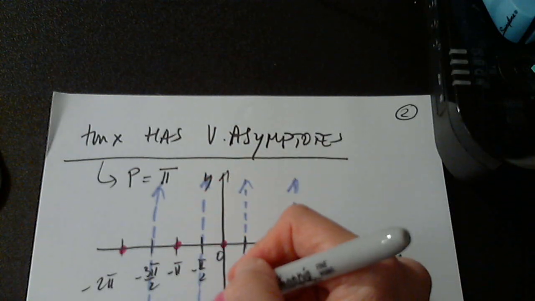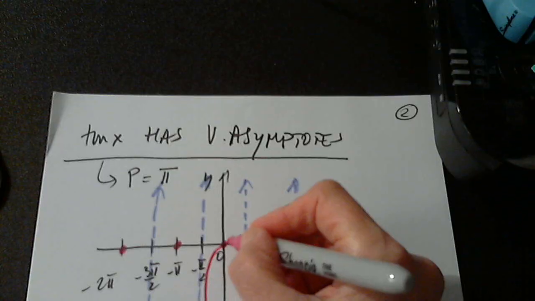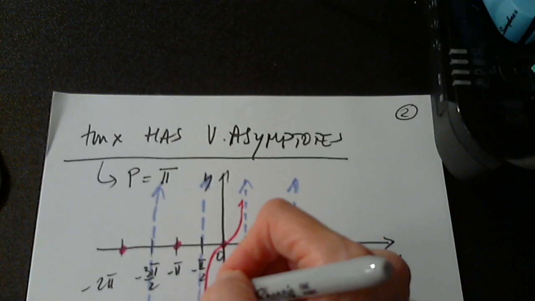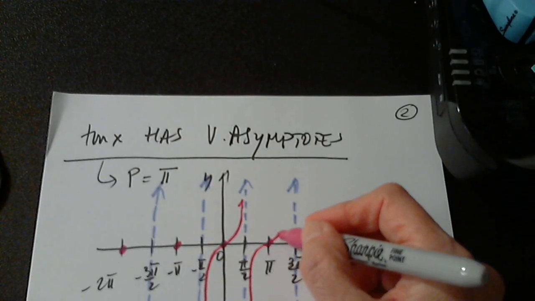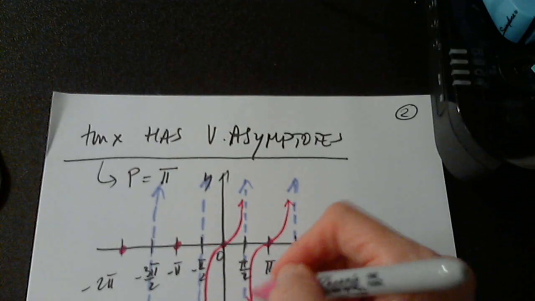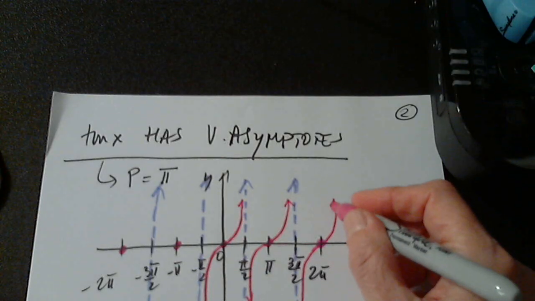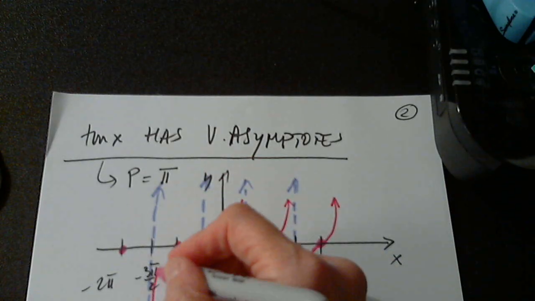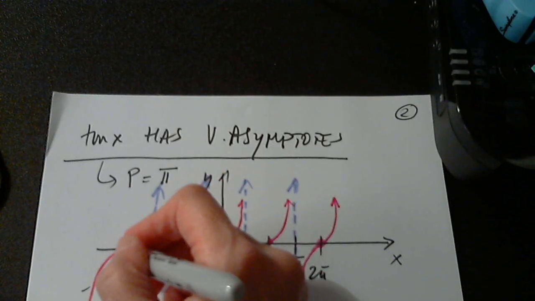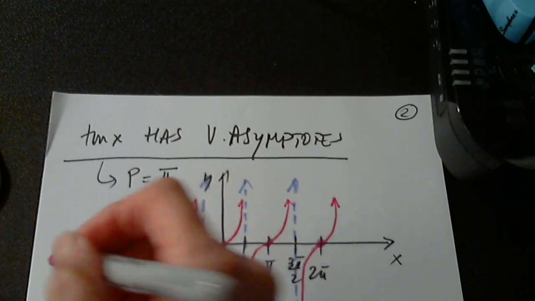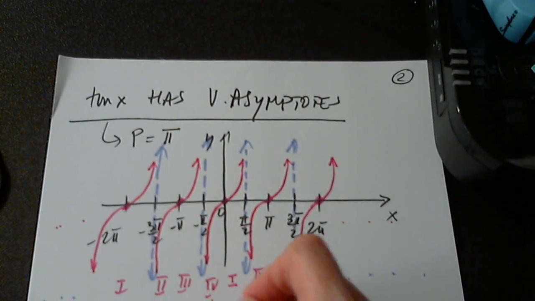Okay? So negative in the fourth quadrant, positive in the first. Negative in the second quadrant, positive in the third. Negative in the next, positive, negative, positive, and as I said, it goes on forever. This is function tangent x.